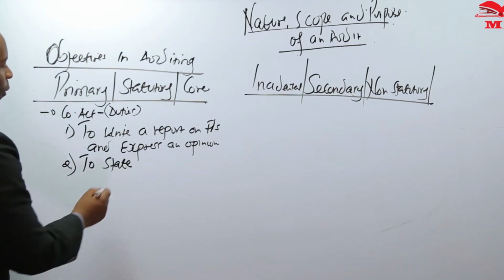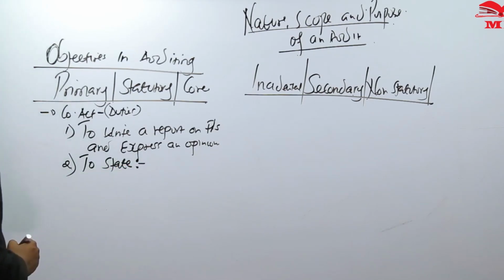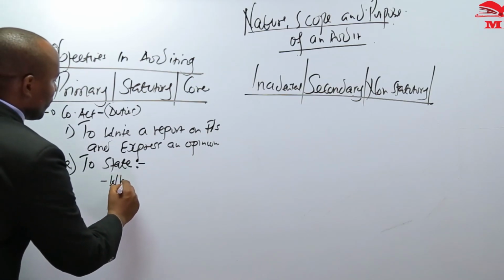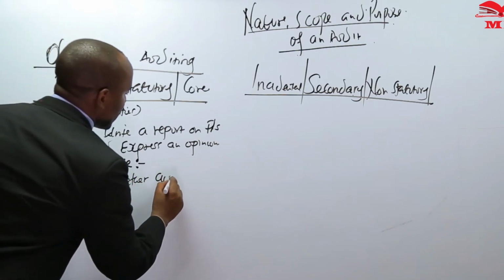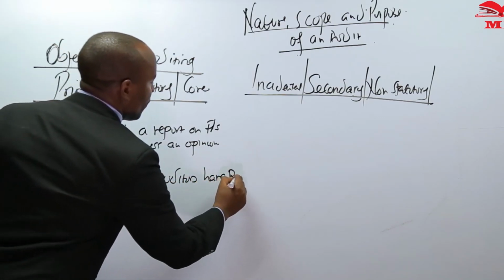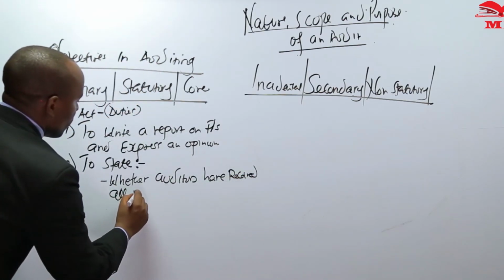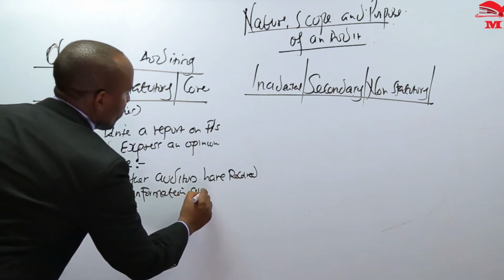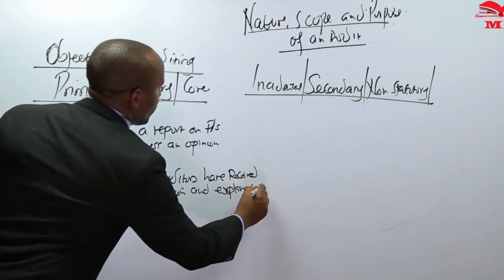One of the matters that you're supposed to state is whether the auditors have received all information and explanation that they thought was necessary in forming an opinion.